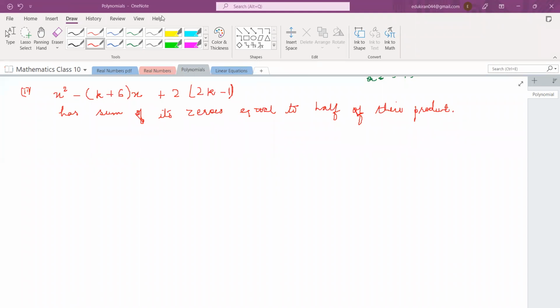Yes, who will tell me how to do this question? Ma'am, take alpha as the product of zeros and alpha by 2 as the sum of zeros. Alpha is the product and alpha by 2 is the sum. Okay, any other guess? Hamna? Tala? Yes, Hamna, what do you think? What should we do?